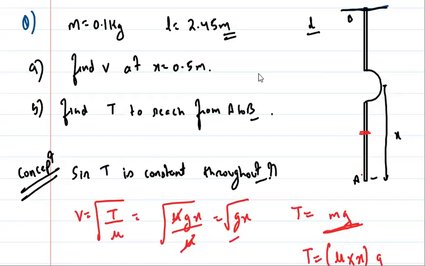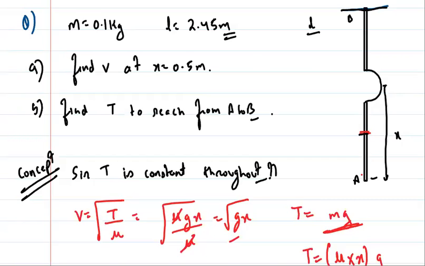This is the concept you should know. The tension throughout the rope is the same whenever the rope is massless. If the rope is not massless, then the tension is not the same. It will be changing, right? Because at this point, the amount of rope below it exerts a force in the downward direction.